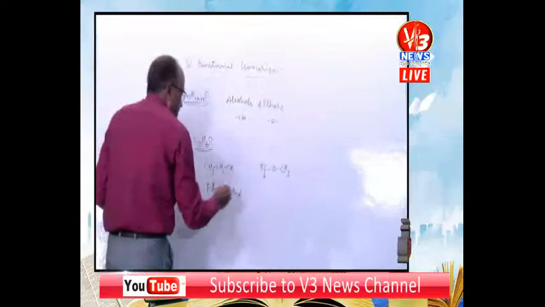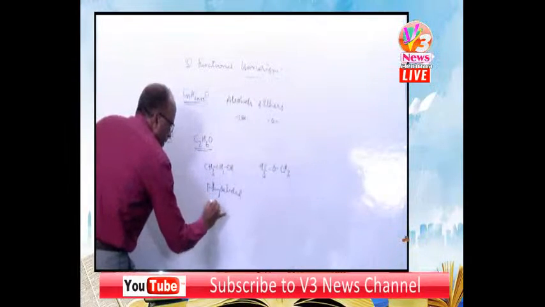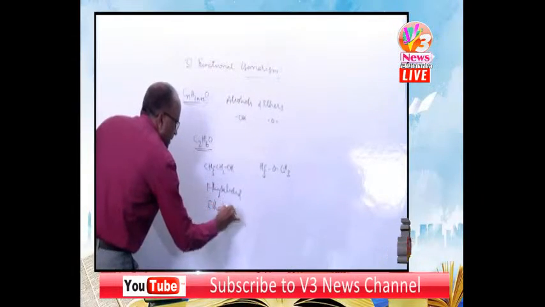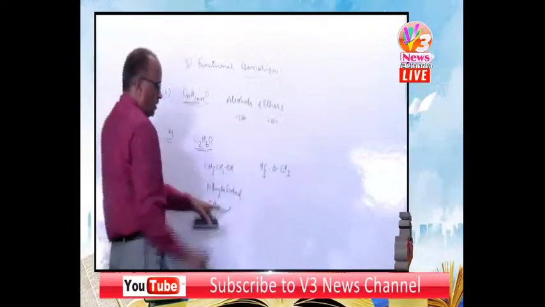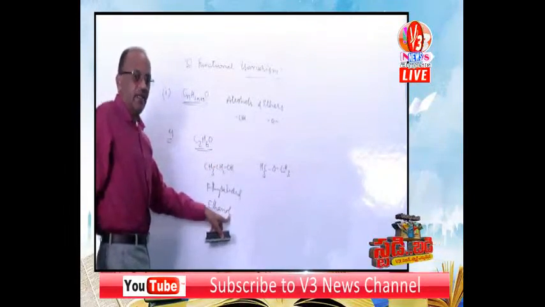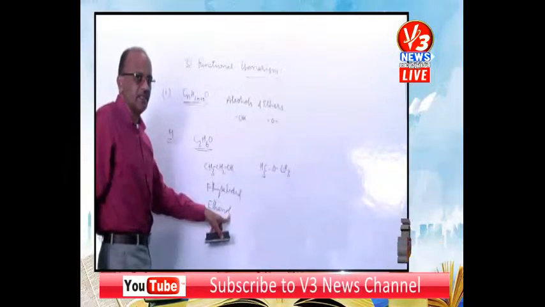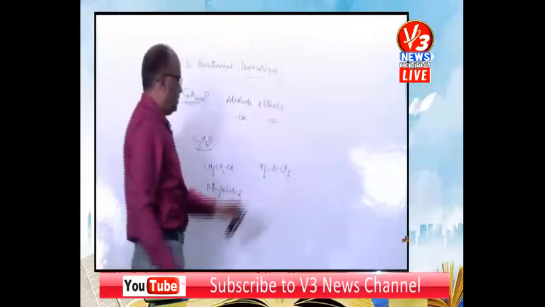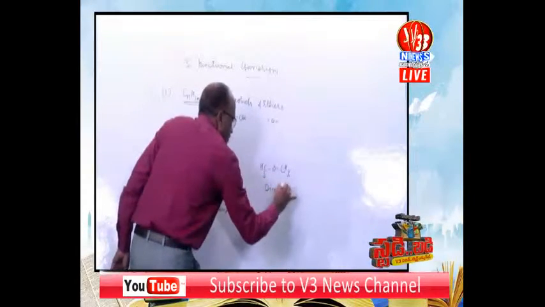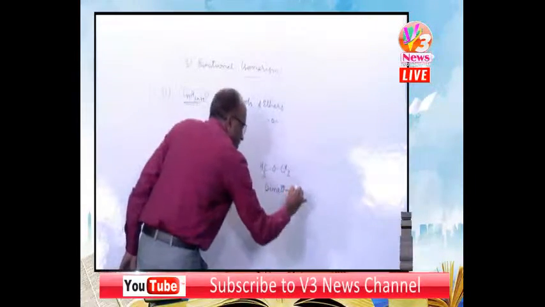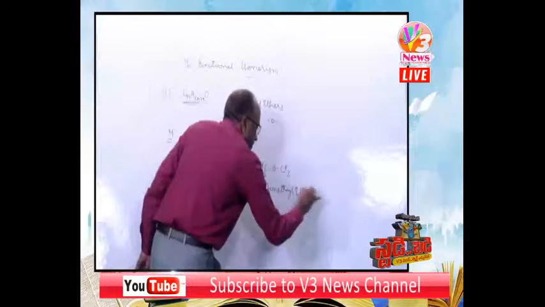And you know IUPAC name, eth plus an plus ol. Two carbons, single bond between carbons, and functional group is OH. To indicate alcoholic functional group, secondary suffix is ol. So ethanol. Now this ether is two methyl groups attached to oxygen, that is why it is dimethyl ether.